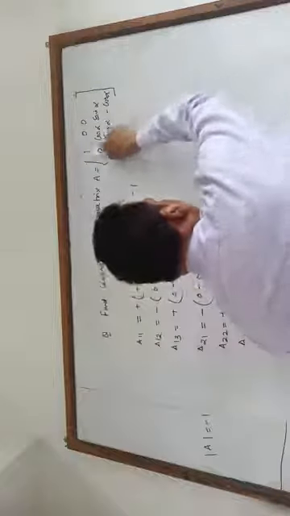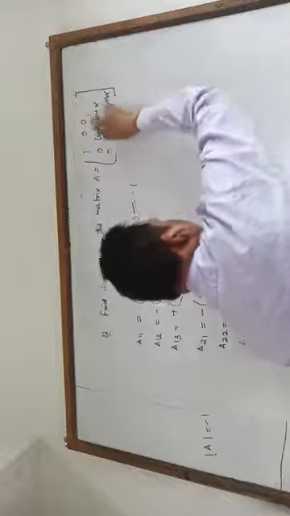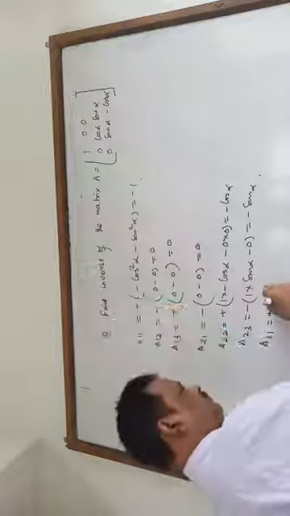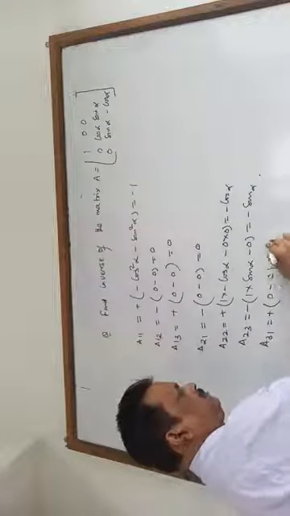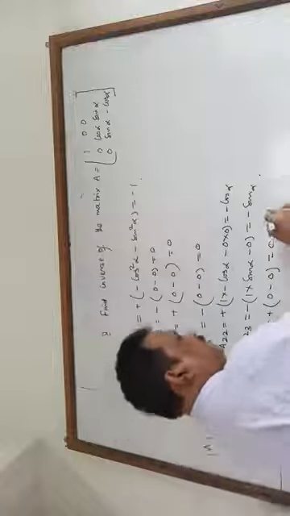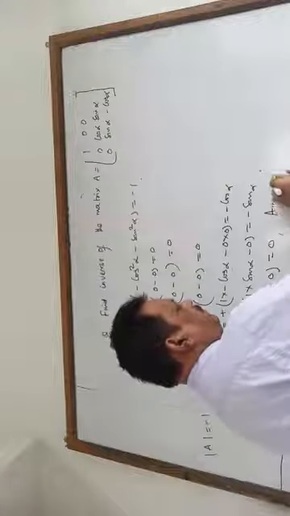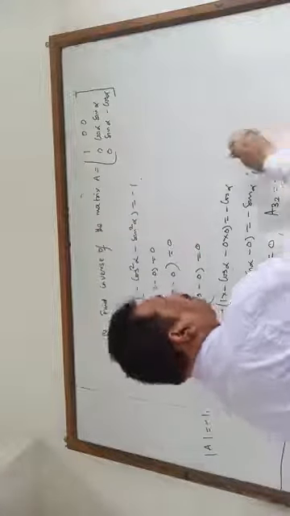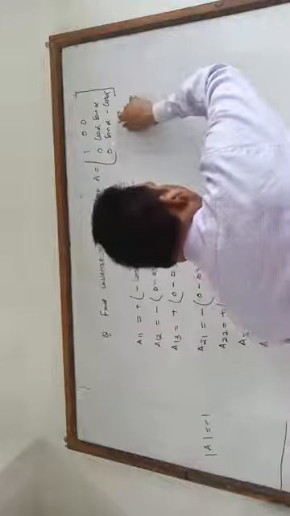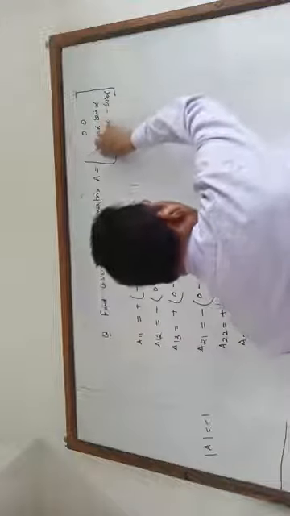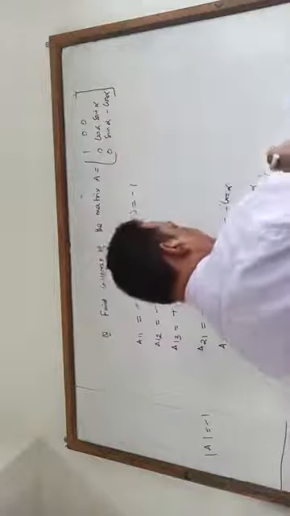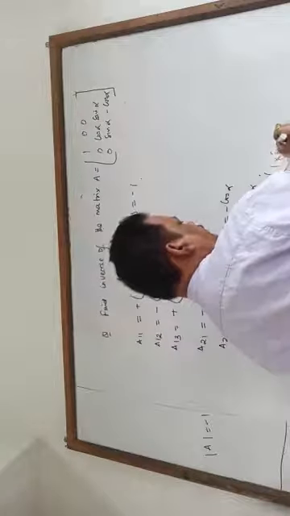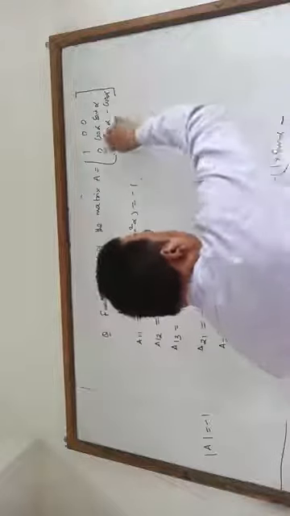Forget this, this. 0 into this minus 0 into this. Okay, A32, negative sign. A32 is this place. Forget this line, this line. 1 into sin alpha minus 0 into 0.